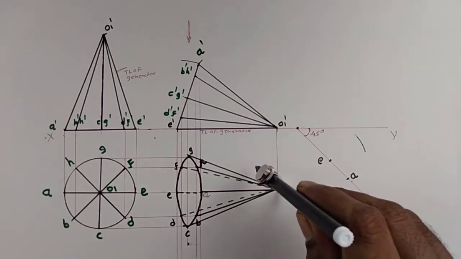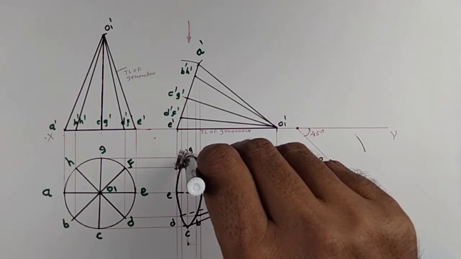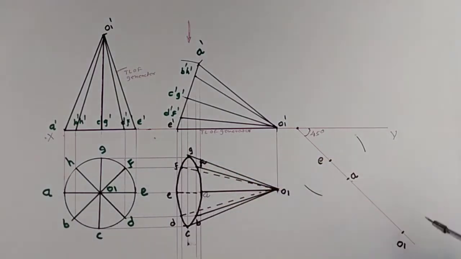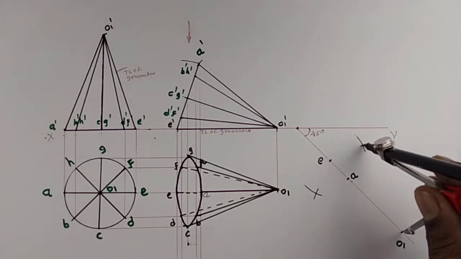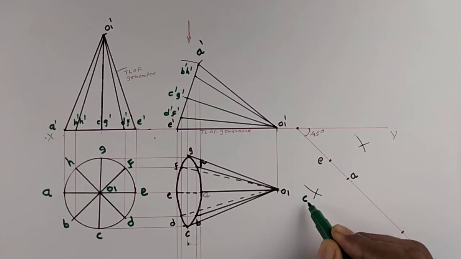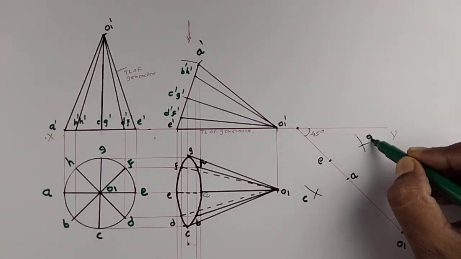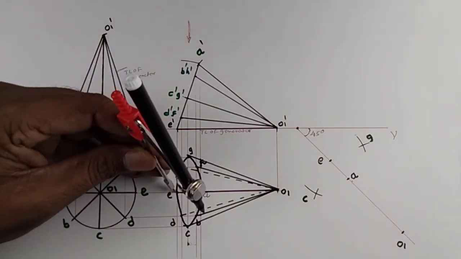You can choose the radius O1 to G, center O1, you can do arc on both sides. This solid is tilted, it is going this way. So it is my C point, it is our G point.